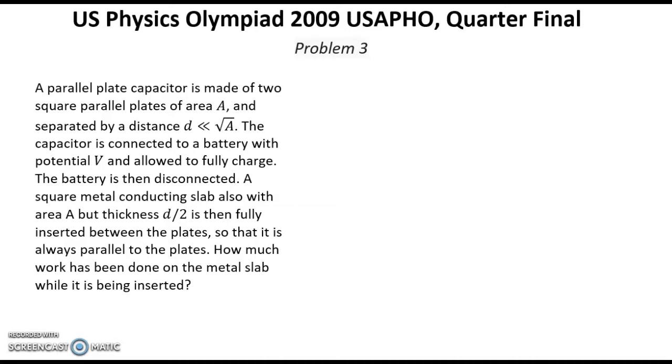Solution. The easiest way to solve this problem is probably to go from the point of view of the energy of the electric field. Let's draw this picture. Suppose that this is our charged capacitor.